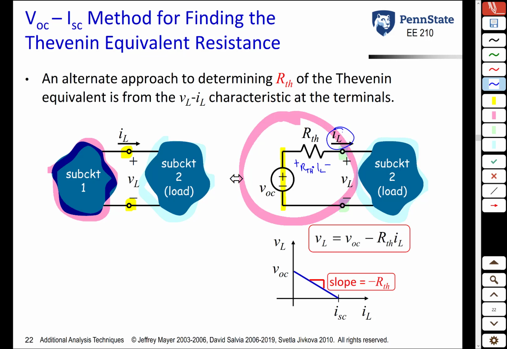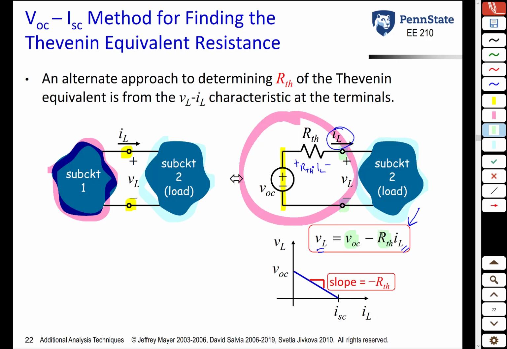And so we see that VL is equal to VOC minus R Thevenin times IL. In other words, this equation gives us a relationship between the voltage across the terminals and the current at the terminals where the 2 subcircuits connect. And notice it's a function of both VOC and R Thevenin.